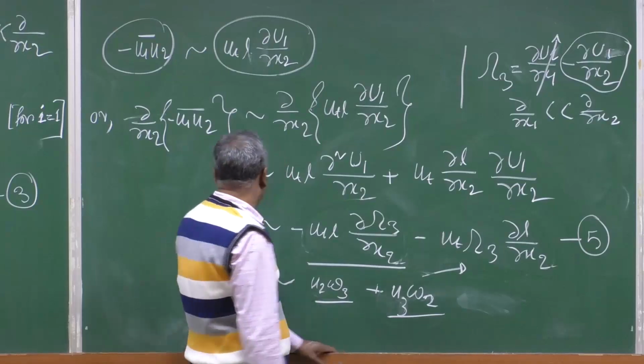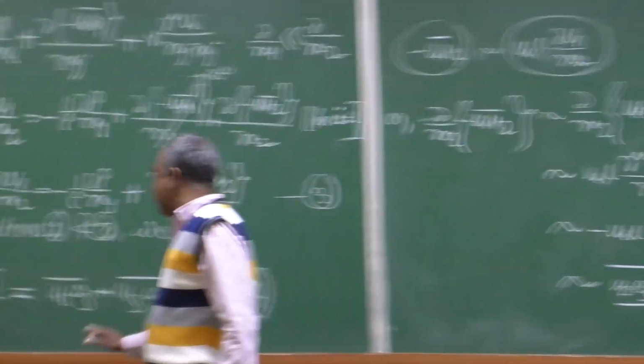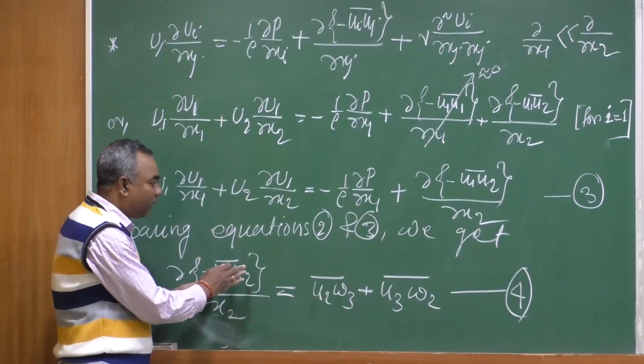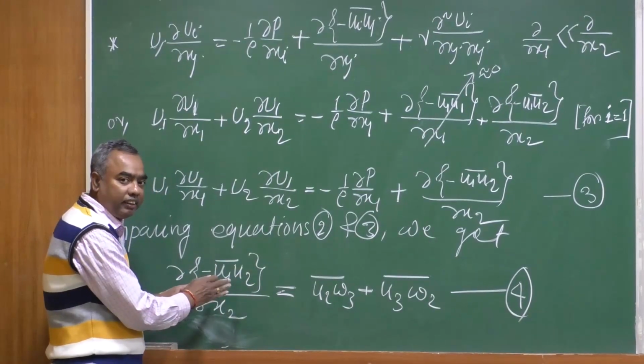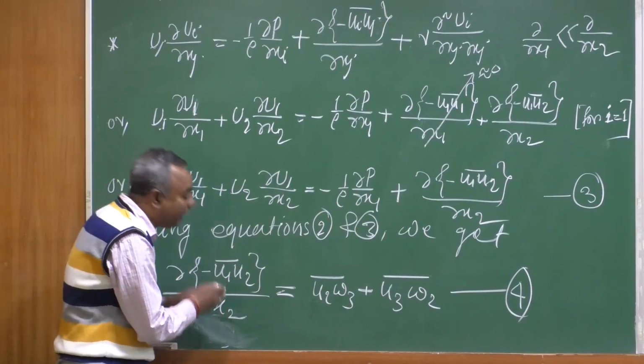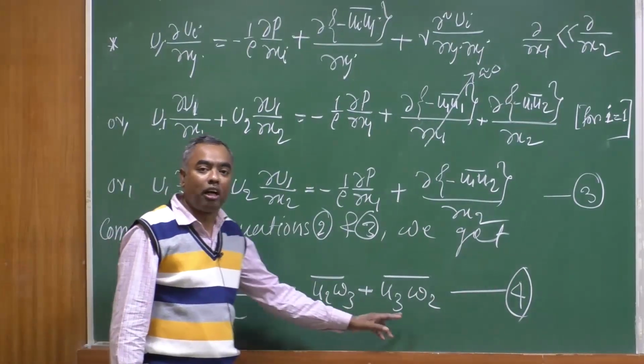Okay. So, the change of Reynolds stress in the cross stream direction is essentially due to two terms.